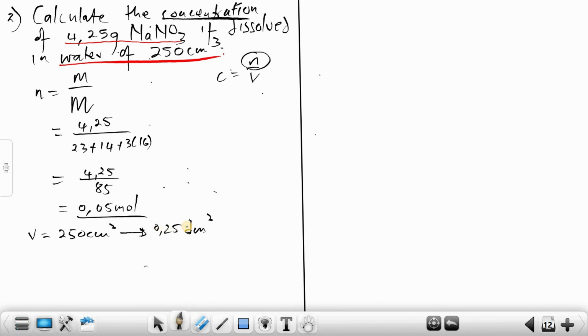0.25 decimeter cubed. Then C is equal to n over V. This will be easy, 0.05 divided by 0.25, and the answer will be 0.2 mole per decimeter cubed.